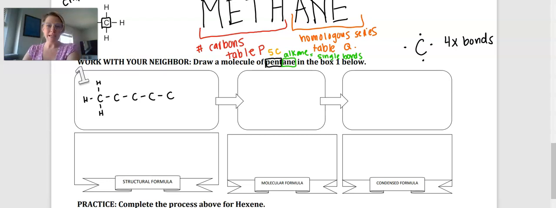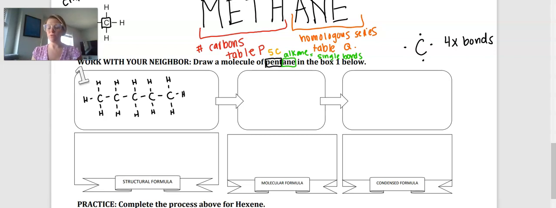The second carbon has 2 bonds already, which means that it can only bond to 2 hydrogens. Our third carbon has 2 bonds and therefore can attach to 2 hydrogens. Our fourth carbon, again, 2 bonds, therefore it attaches to 2 hydrogens. And our fifth carbon has only 1 bond, so again, it's going to have 3 hydrogens.